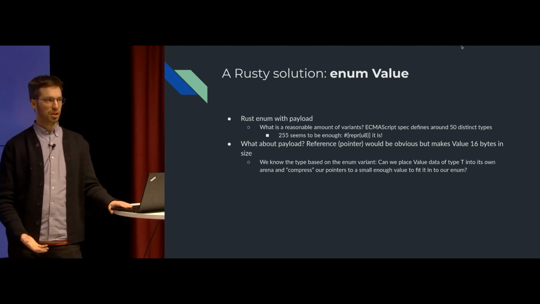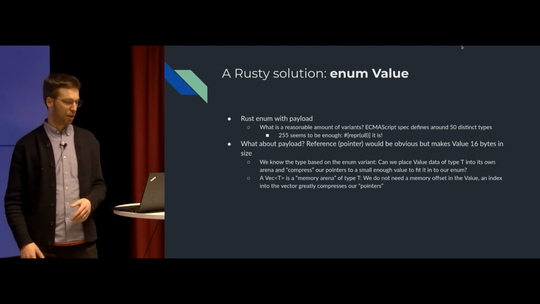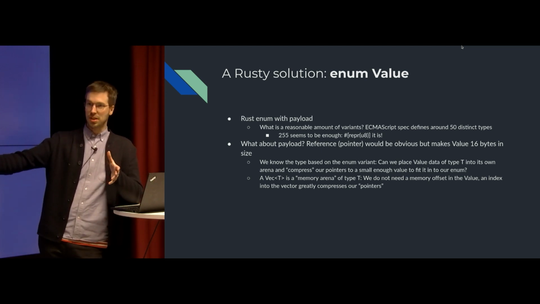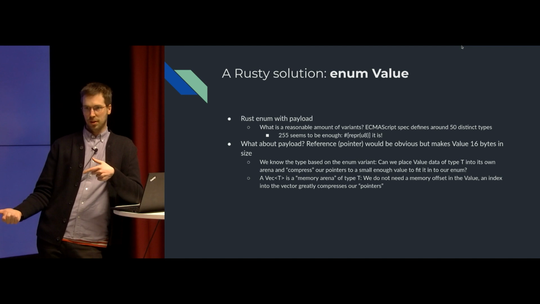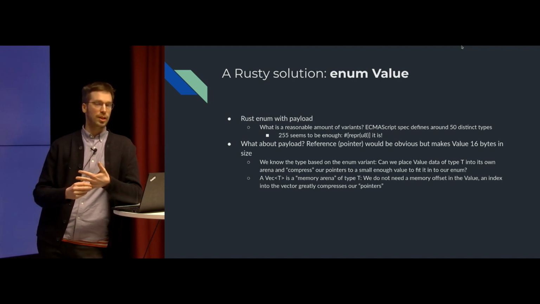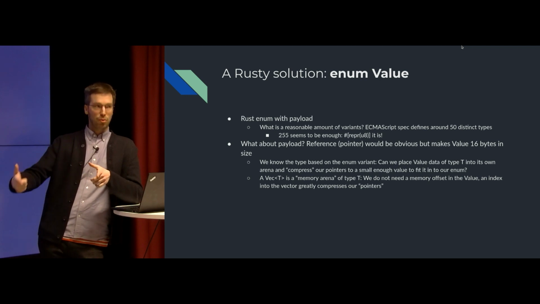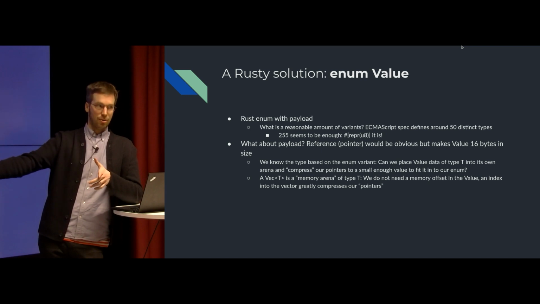What kind of memory arena could we do? Well, a Vec. Yeah, sounds good enough. So Vec, that's a memory arena of type T, right? And one good thing, first of all, is that when you index into a Vec, the index you give is a usize, yes, but it's not a memory offset into the vector. It's the index into the vector.